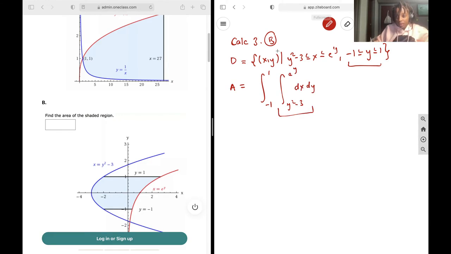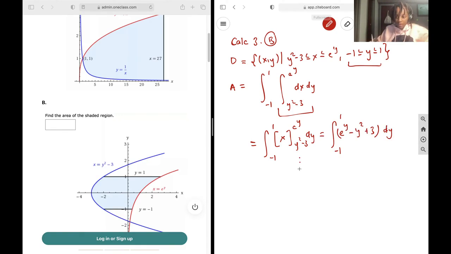If we do this part, we're going to get exactly what we got as the first calculation for the calculus 1 method, and that's going to be -1 to 1. We get x from y squared minus 3 to e to the y, dy, and this is going to get the integral from -1 to 1 of e to the y minus y squared plus 3, which is exactly what we got last time, dy.